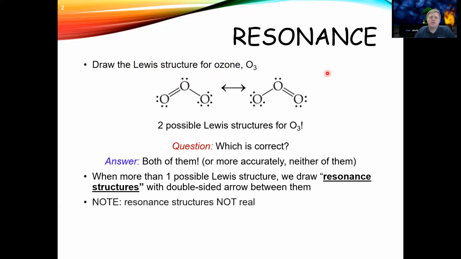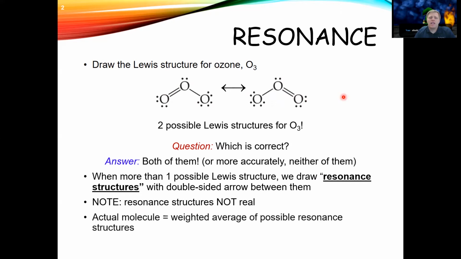However, when it comes to resonance structures, they don't actually exist. So ozone never actually exists in one of these states or the other. In reality, it's going to be a weighted average of both of these structures. So they're both going to be contributing to the true structure.